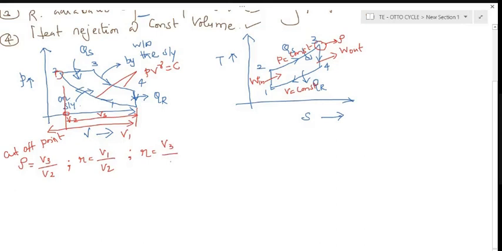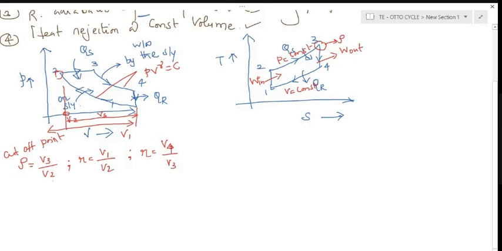Actually, the volume is higher here, so V4 by V3, sorry.